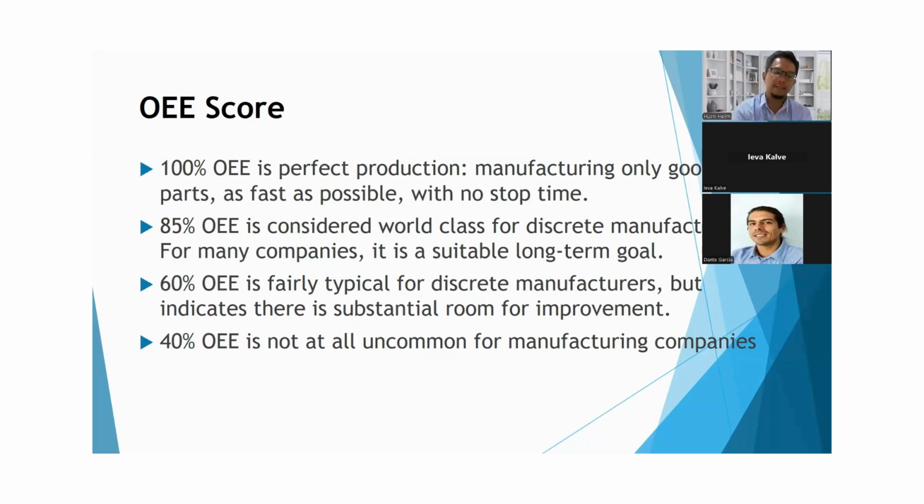But for semiconductor companies, usually they go for around 85%, even 90%. That's considered world class already because there are very few stoppages. They keep running all the time as fast as possible.